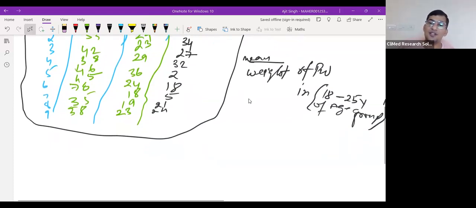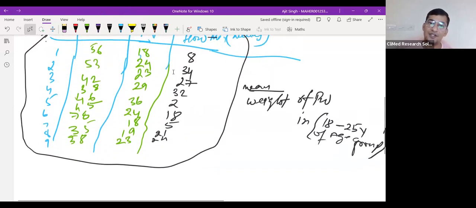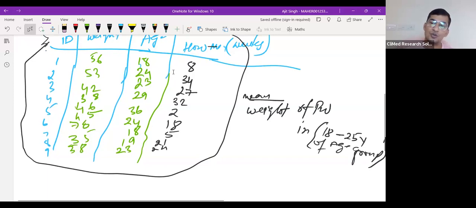So if I'm answering this question, how will I answer? My question is the mean weight of the 18 to 25 years age group. First of all, I will filter the age. 18 to 25: 1, 2, 3, 4, 5, 6, 7 are there.